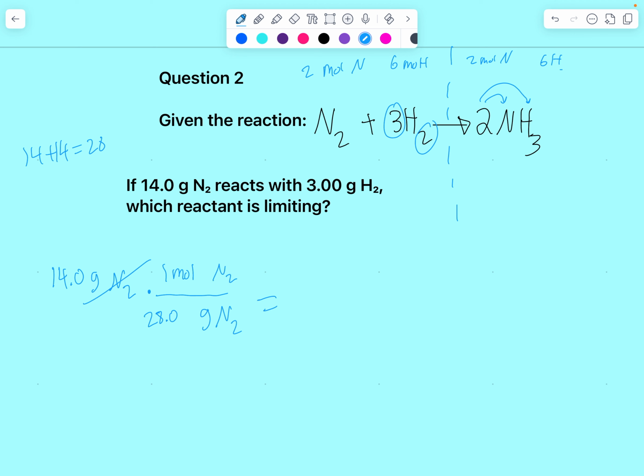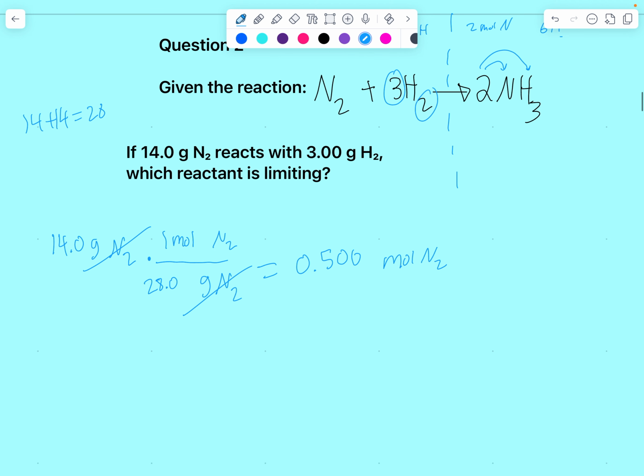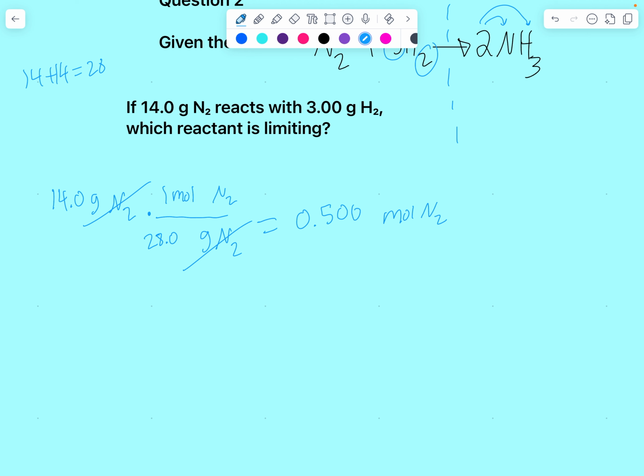So the grams of N2 cancels out, and then I'm left with 0.500 moles of N2, all right? Now, let's look at it. 1 mole of N2 is like having one big apple that is made up of 2 parts, like one half of the apple and the other half of the apple.